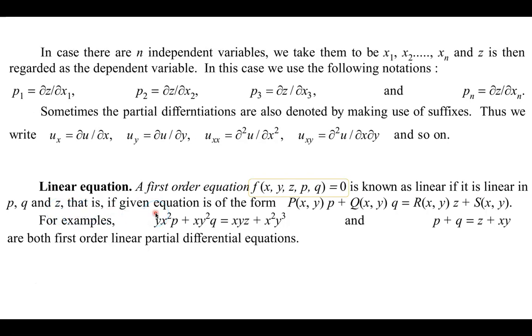That is, if the given equation is of the form P(x,y)·p + Q(x,y)·q = R(x,y)·z + S(x,y), then p, q and z will be linear. These are a few examples of first order linear partial differential equations.